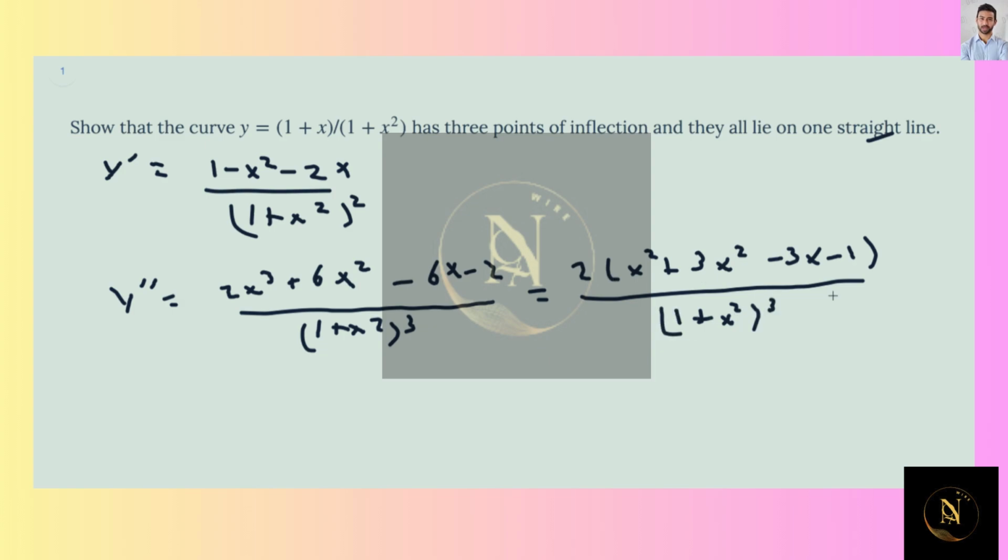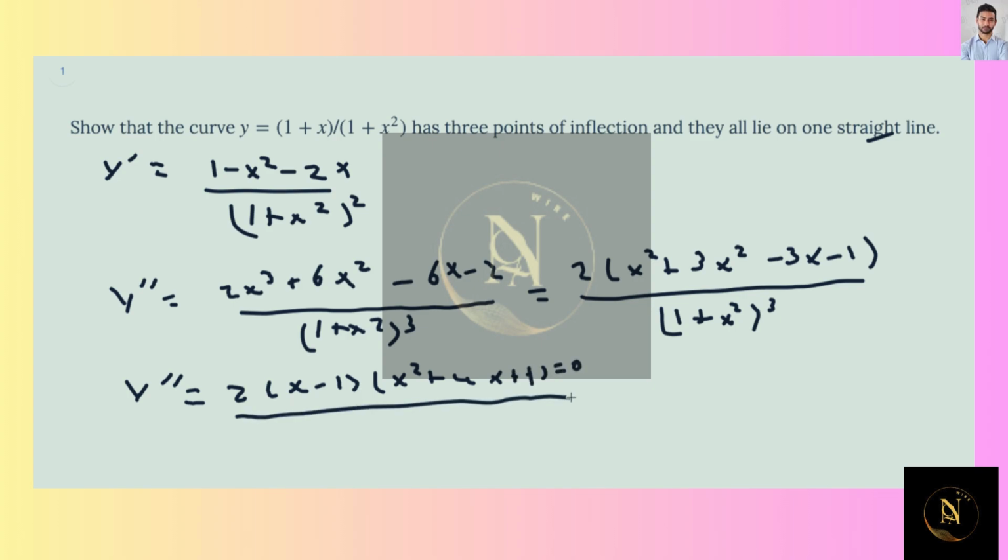And then you can factor this by grouping, or you could just simplify it, and what you get eventually is 2 times (x minus 1) times (x squared plus 4x plus 1), all over (1 plus x squared) cubed.